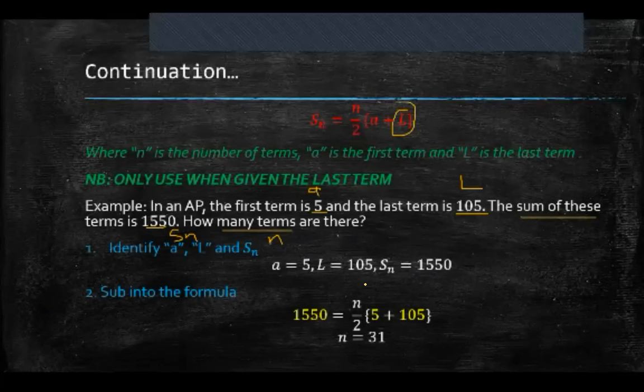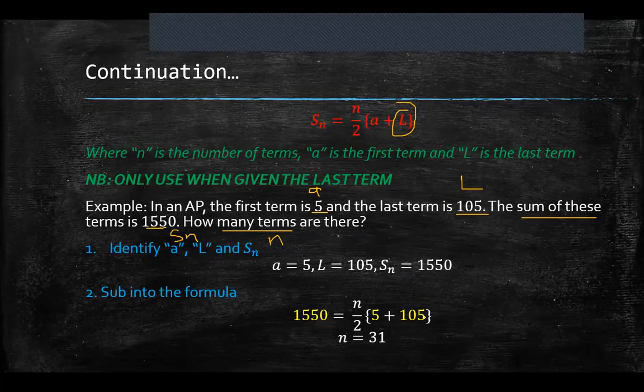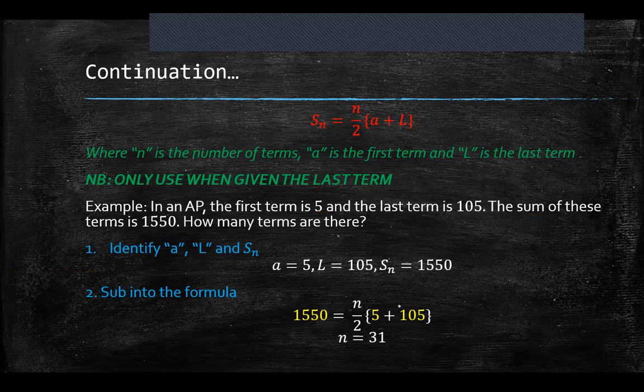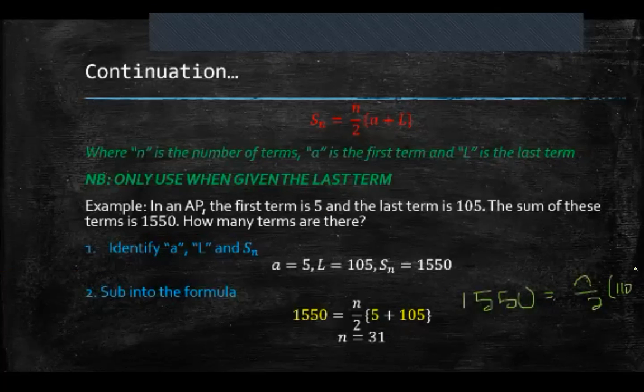Wait, you get a 31? Okay. I'm working, I don't get it. So let me write it up. 1,550 is equal to n on 2. This right here would give me 110.